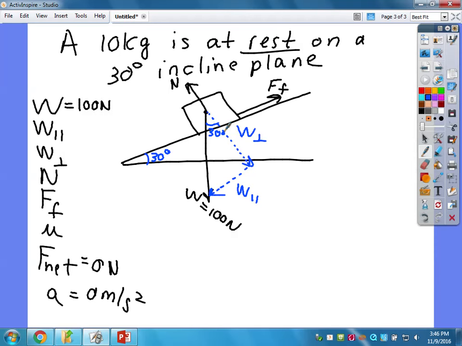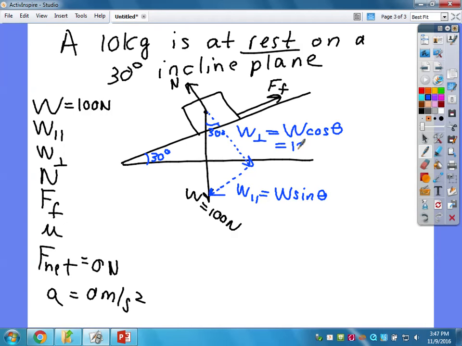Now, the nice thing about inclined planes is as long, again, as you draw it like this, it's always the same formula to solve for perpendicular and parallel weight. Where perpendicular is the adjacent side, so this will equal weight cosine theta. Weight parallel is always the opposite side, so this will be weight sine theta. And so if I plug this in, I can solve for the perpendicular and parallel weights.